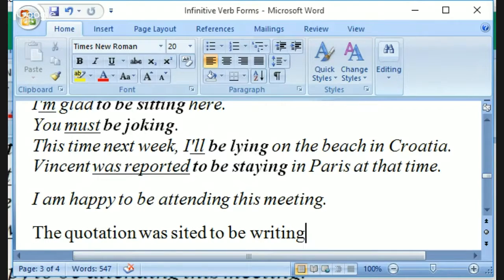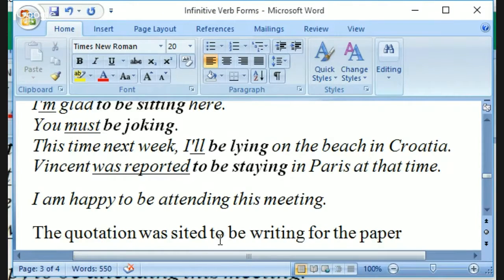The quotation was cited to be writing for the paper. That's a little bit weird. The quotation was cited to be writing. Yeah, that doesn't quite get it. The phrase was cited to be writing for the paper. That makes sense? Not really.